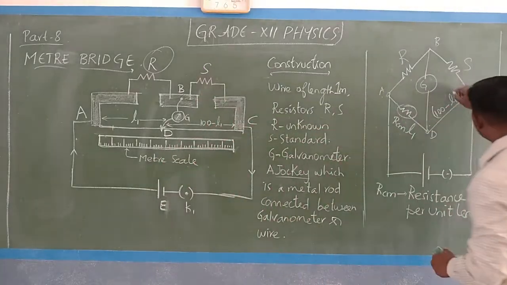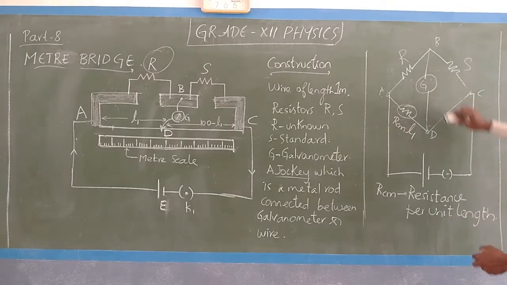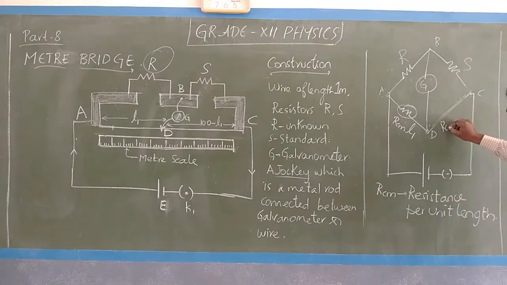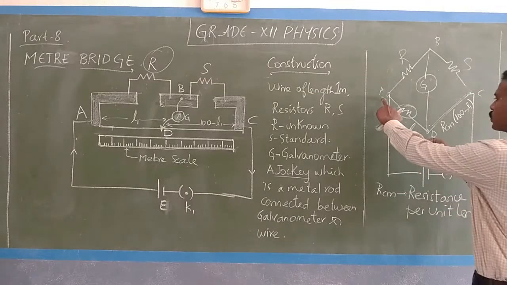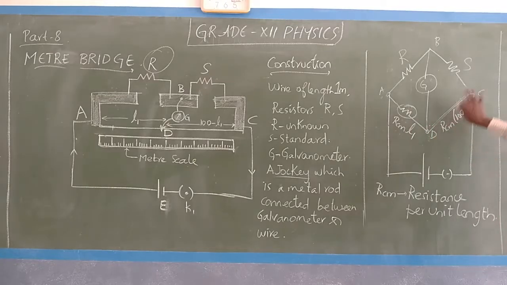Similarly, I will highlight here: the resistance between D and C is RCM into 100 minus L1, the length. RCM is the resistance per unit length, and that is the same everywhere between A and C.